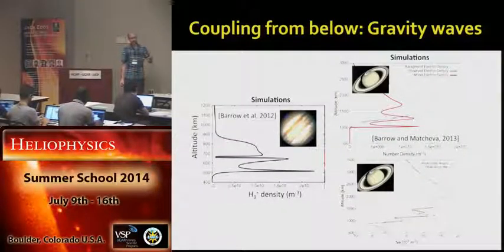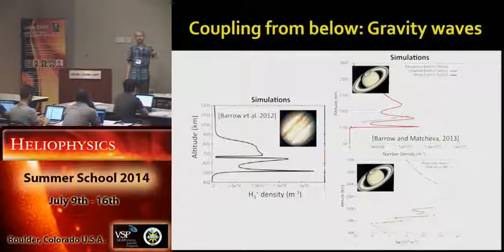Here's another example of how you can get a vertical wind shear. So this is coupling from below now. Gravity waves from the lower atmosphere are breaking just past the homopause in the thermosphere. As they break, they deposit energy and momentum, and they induce vertical wind shears.